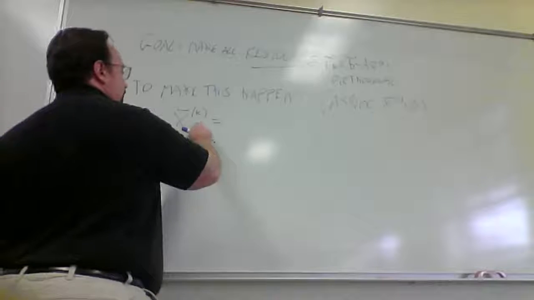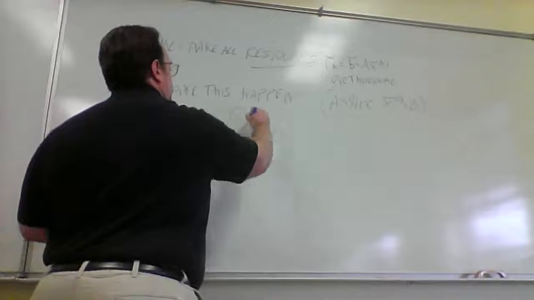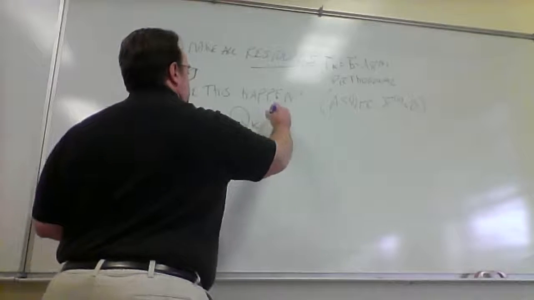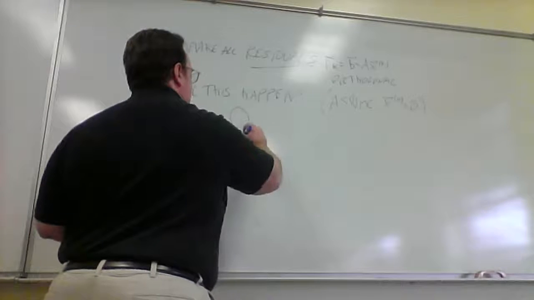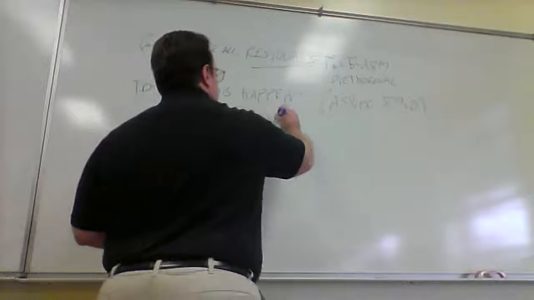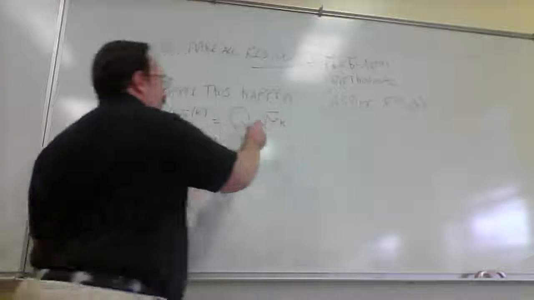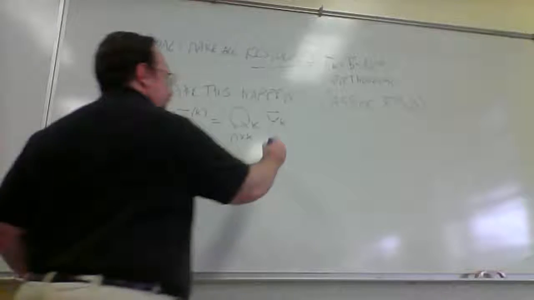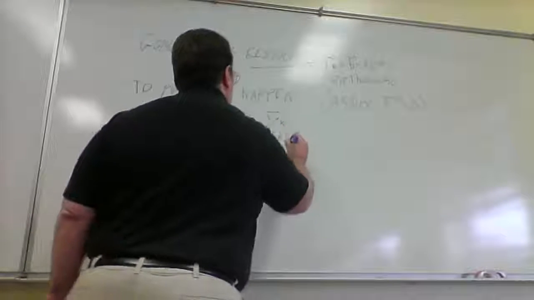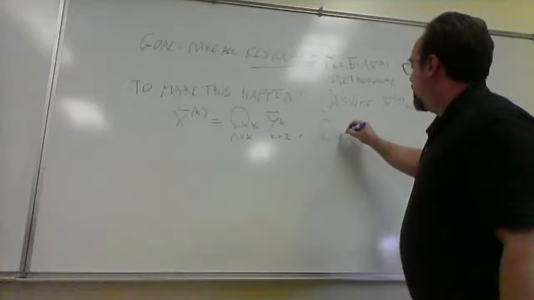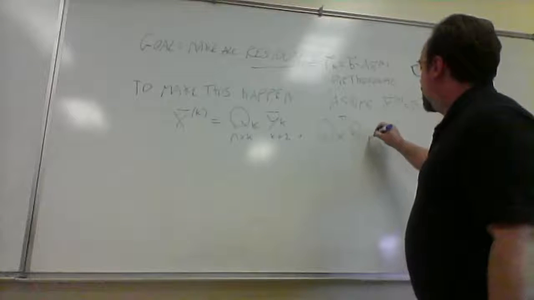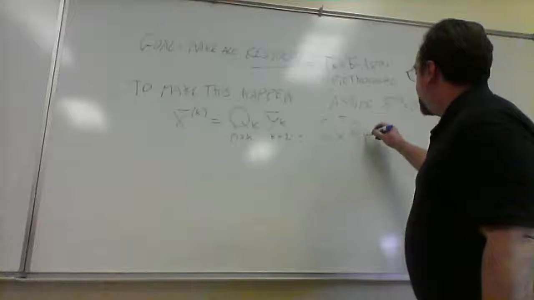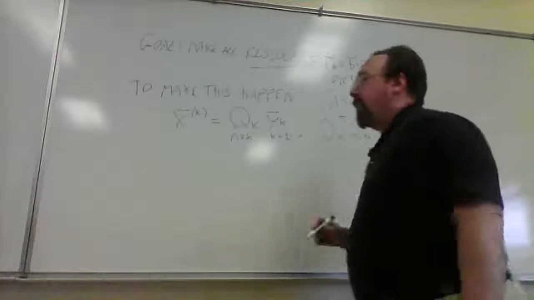So each solution, xk, is going to be this matrix Qk, which is n by k, times some vector yk. So yk is just a vector of coefficients for a linear combination. And Qk, we will require to have orthonormal columns.